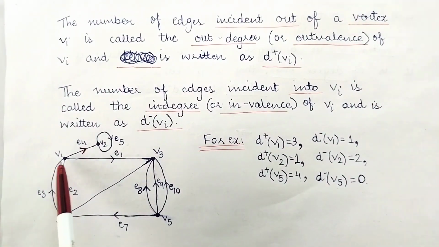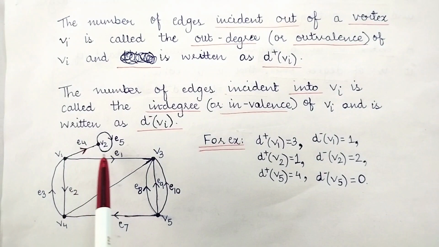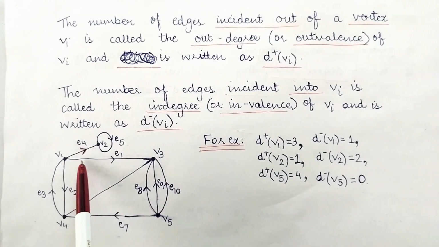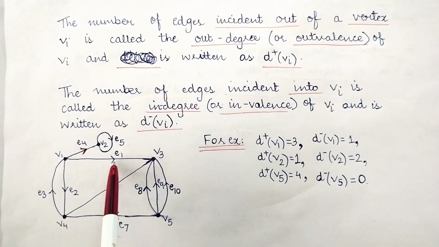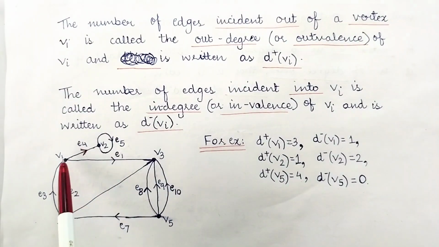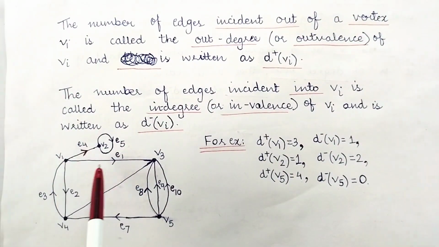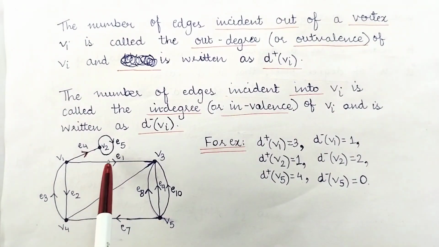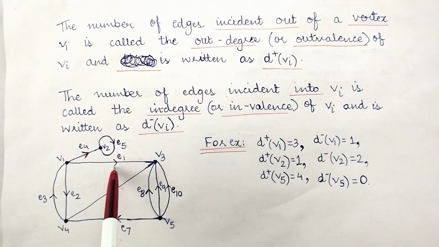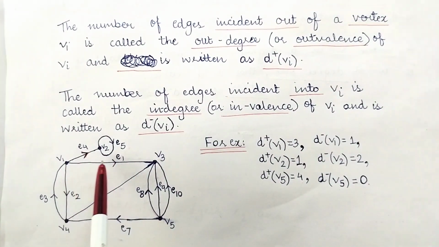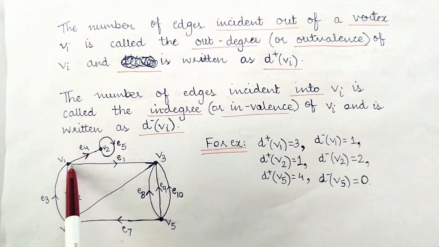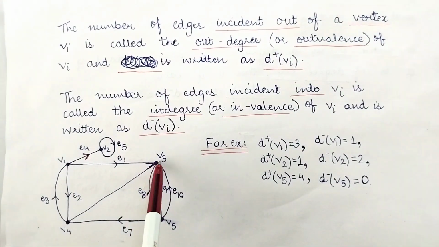Like here, in case of vertices V1 and V3, you can see that edge E1 is incident upon vertices V1 and V3. Apart from being incident on V1 and V3, edge E1 is going out of vertex V1. The direction of the arrow clearly shows that edge E1 is going from vertex V1 to vertex V3.